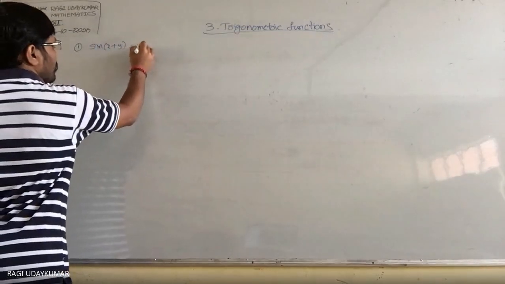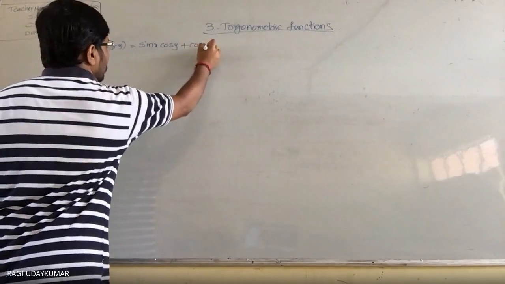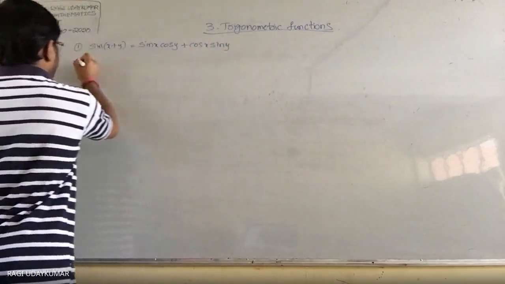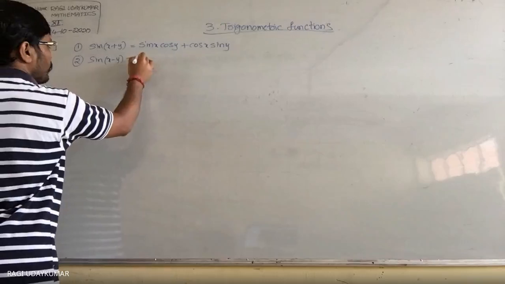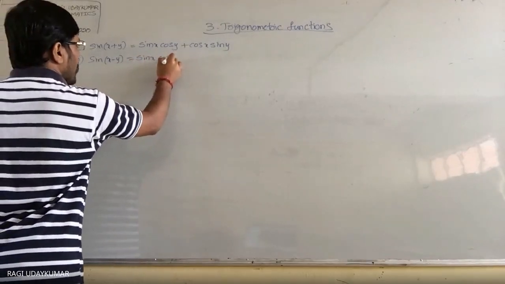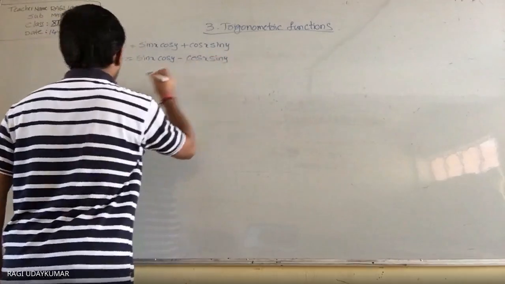Sin x plus y is equal to sin x cos y plus cos x sin y. Second one, sin x minus y is equal to sin x cos y minus cos x sin y.